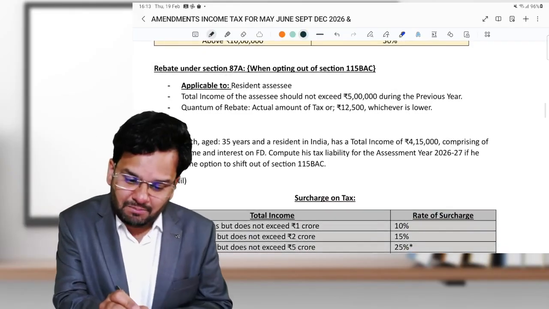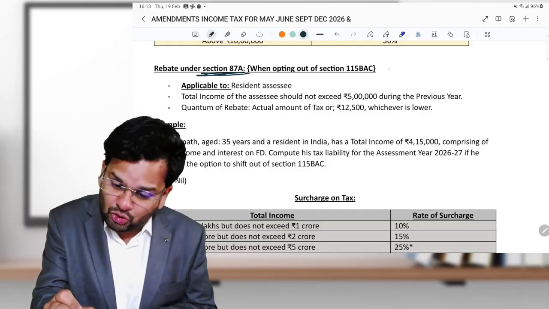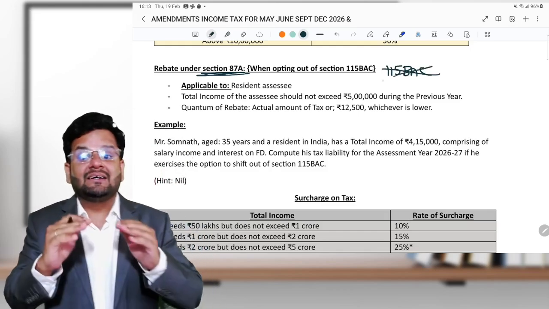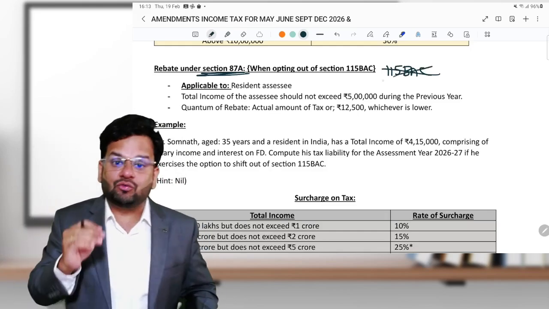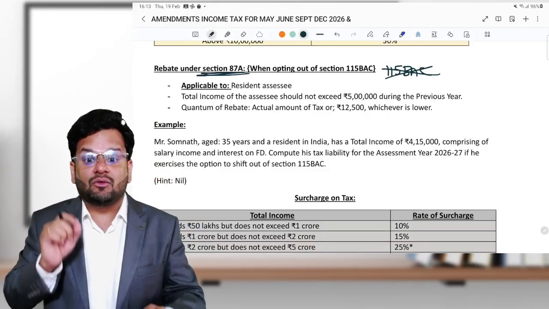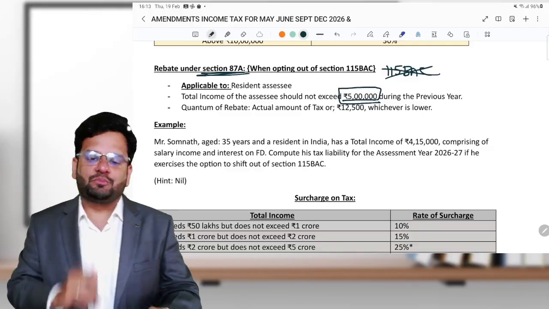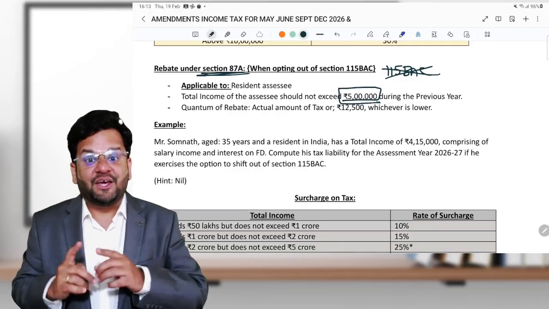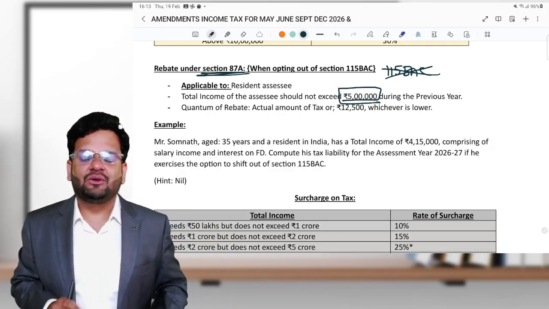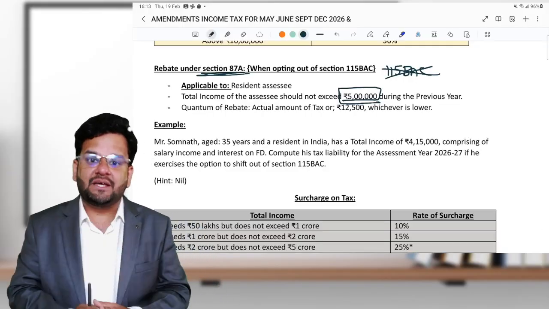Then going to rebate under section 87A, when you are out of 115BAC. Here, that rebate, that discount of tax, is allowed if your total income is not exceeding 5 lakh. So here, the limit is 5 lakh rupees. If your income exceeds 5 lakh, then rebate is not allowed if you are paying tax by opting out of 115BAC.